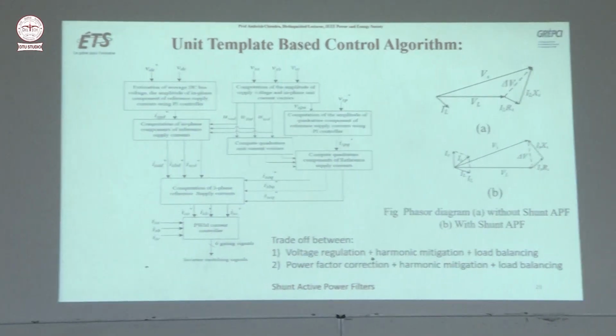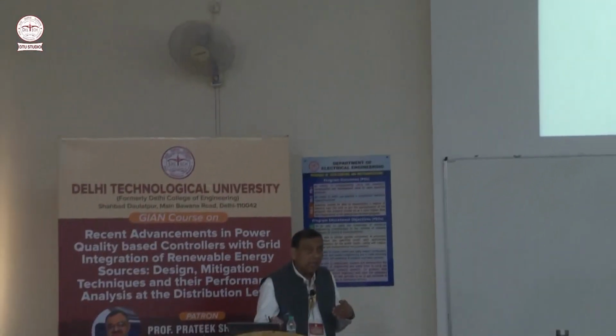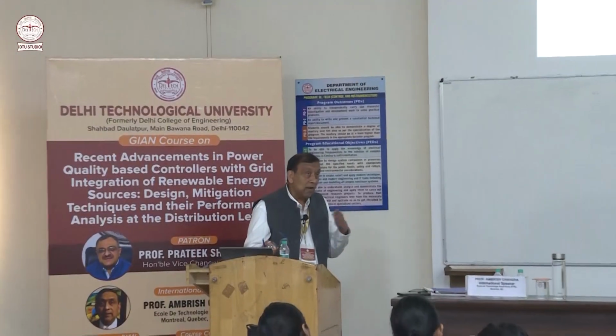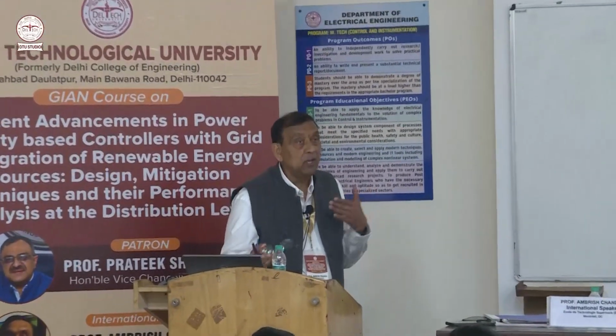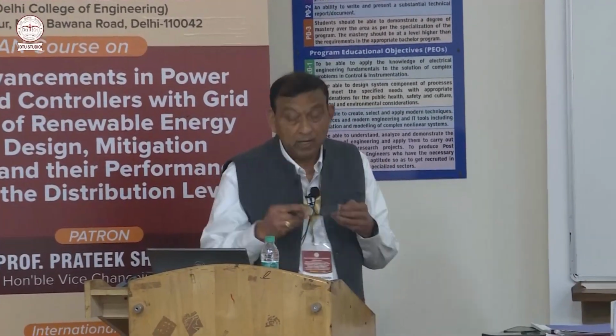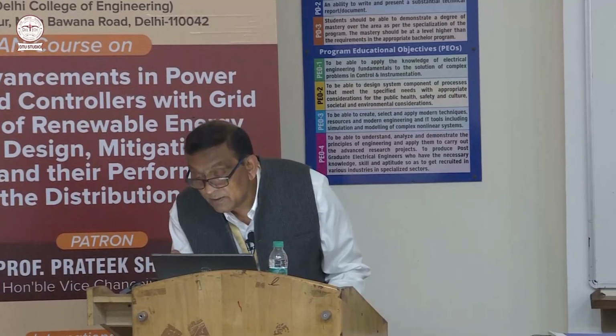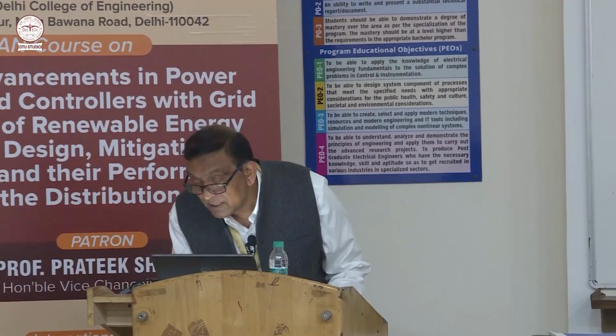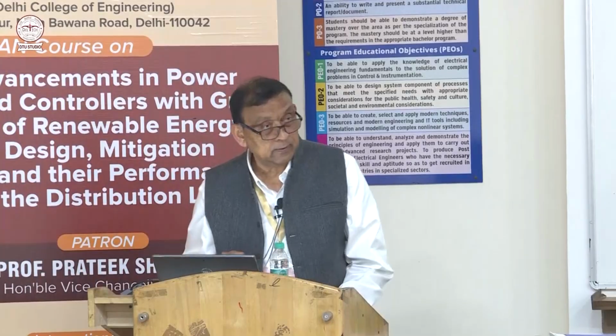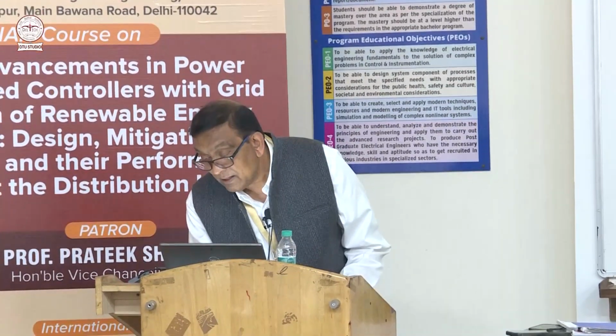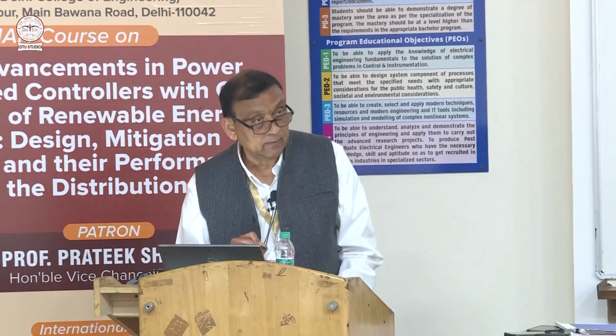If you are doing voltage regulation, you are required to give some leading current; only then can you do the voltage regulation. Suppose this is the load voltage and this is the line current.